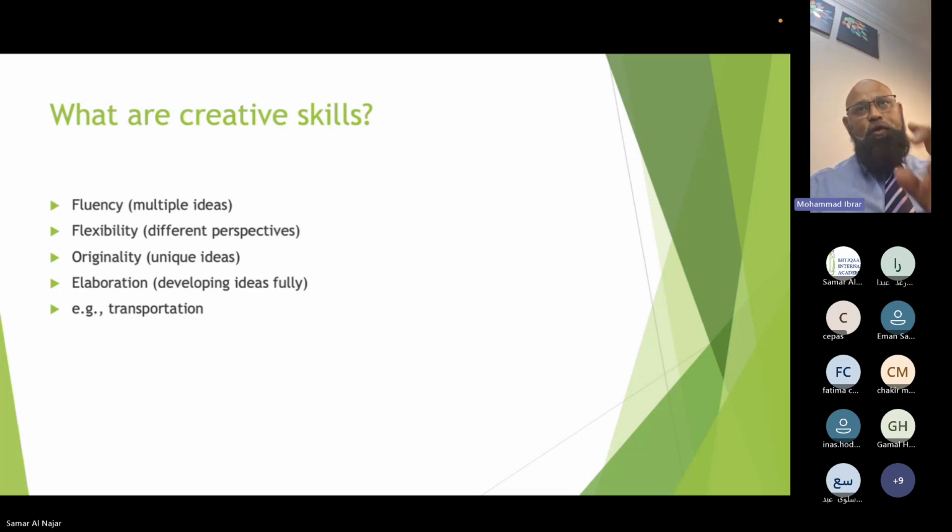For example, if a student reads a short paragraph, and you ask what the main idea is, and he tells you the main idea, it's not critical thinking. Now, if you paraphrase the question in a different way, what do you think the writer wants to say here? What's the message?